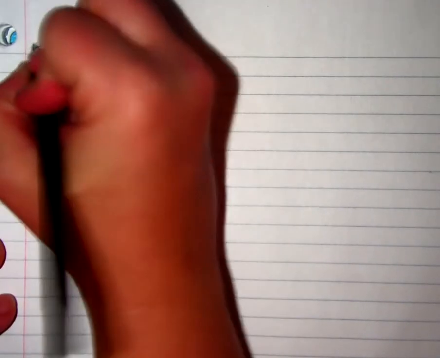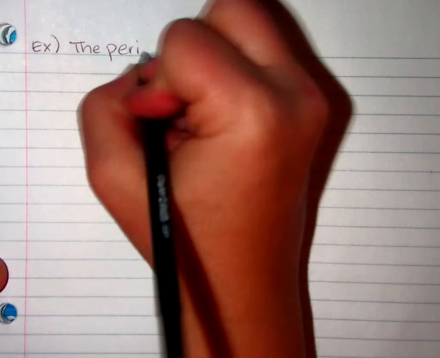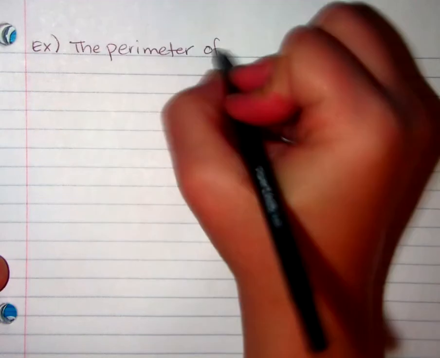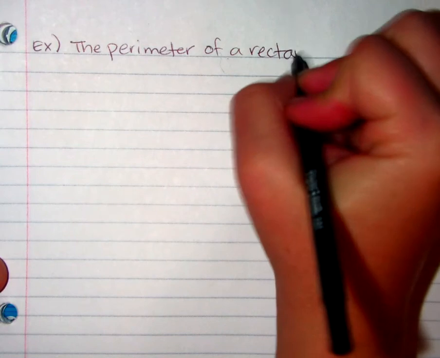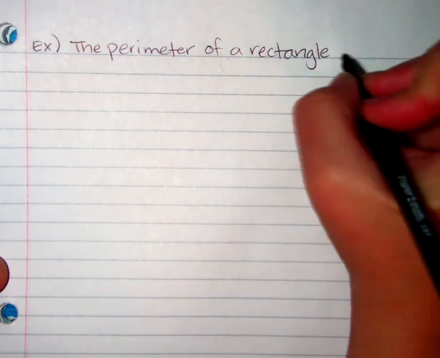So another type of example dealing with rectangles is where we will actually need perimeter formulas. So for example, we have that the perimeter of a rectangle is 50.